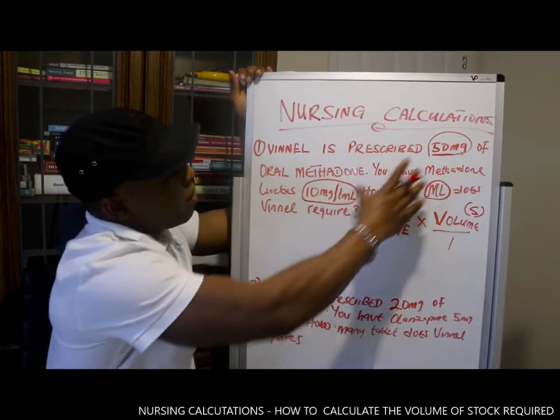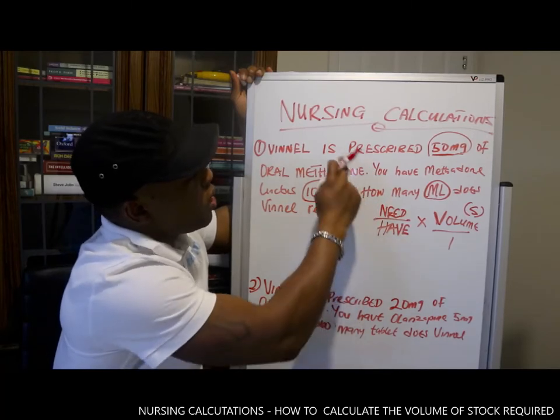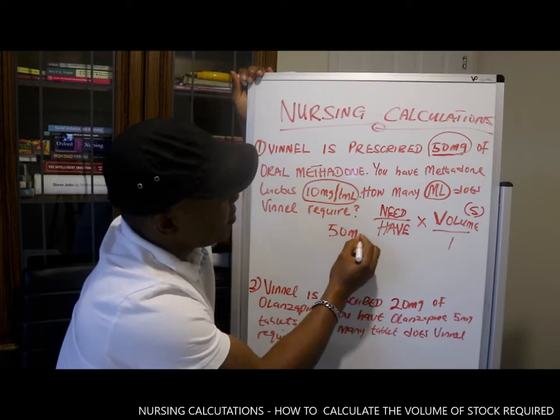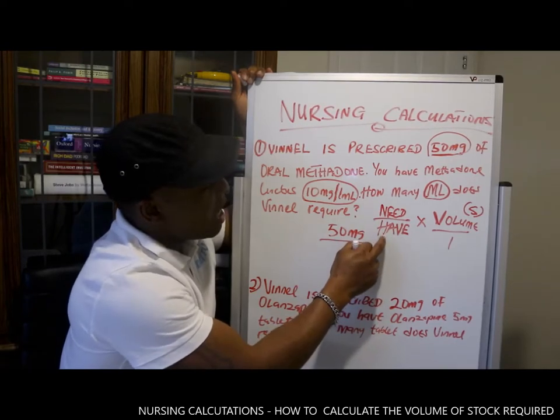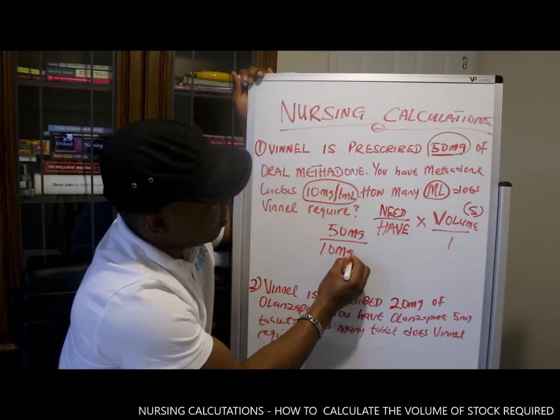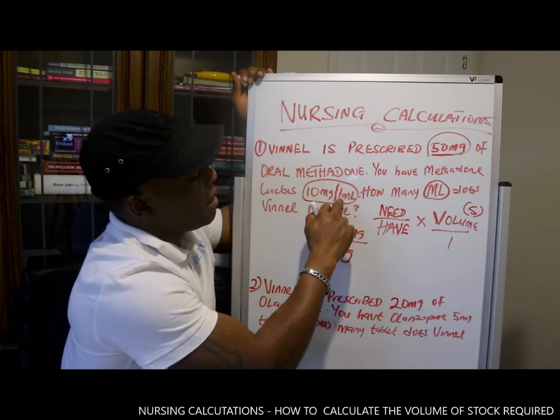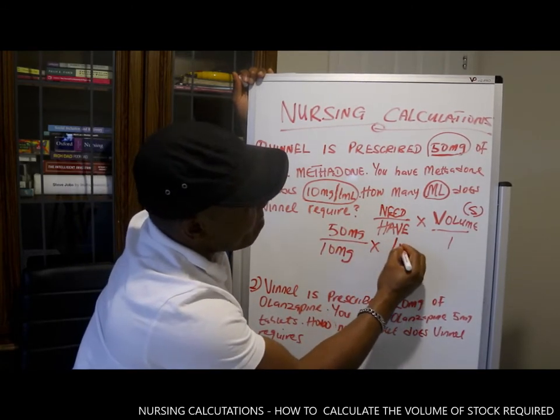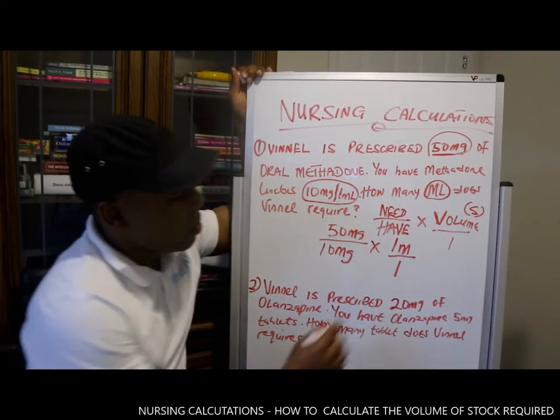From this question, what we need is what is prescribed, so Vinyl needs 50 milligrams, and what we have is 10 milligrams. The volume is 1 ml.